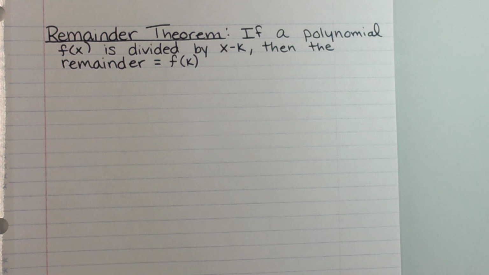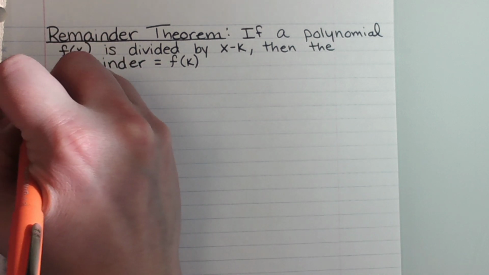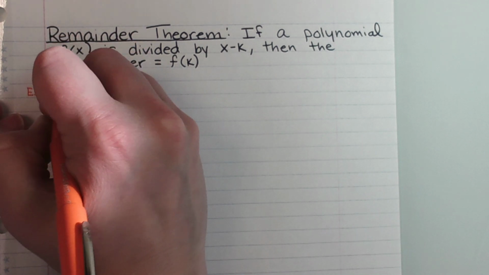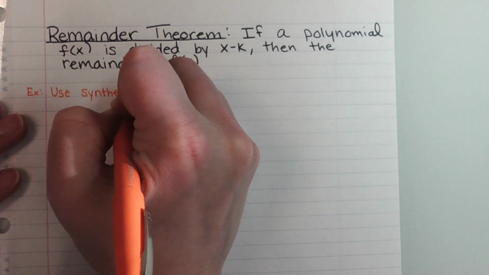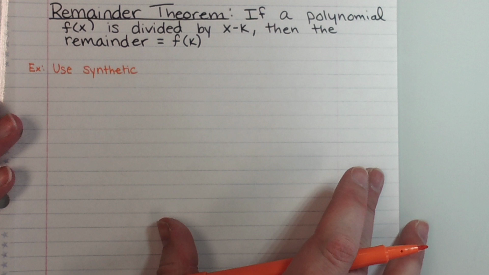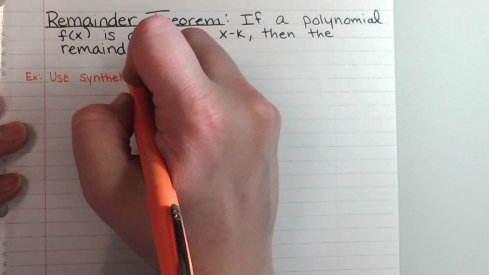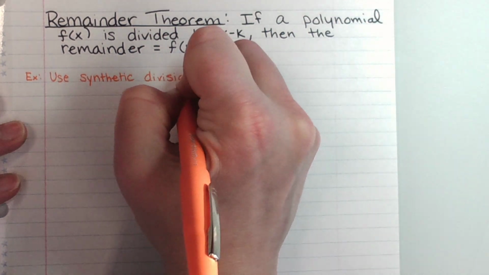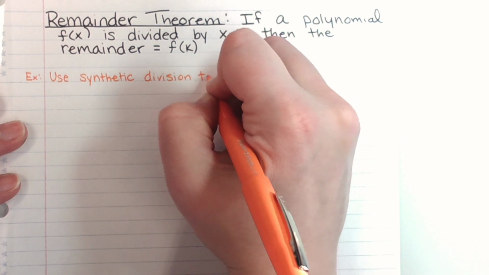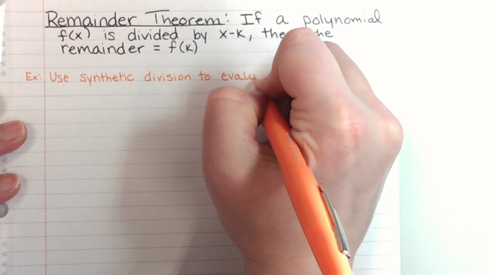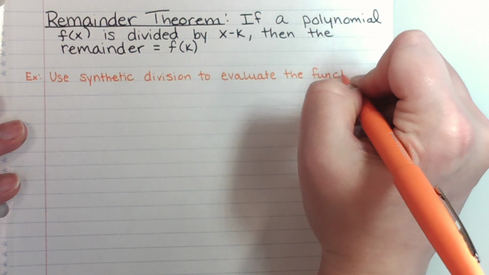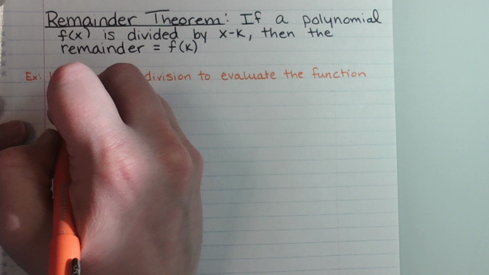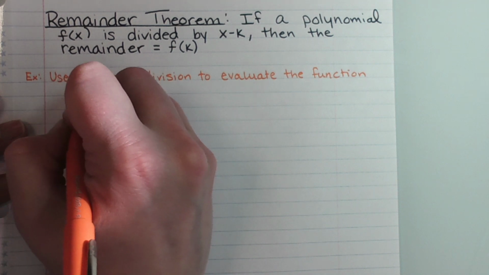Now, the remainder theorem is not necessarily something that you have to use. It just kind of works as a shortcut to do some evaluating as well. Easiest way to do it is to use synthetic division to evaluate the function at a specific value.